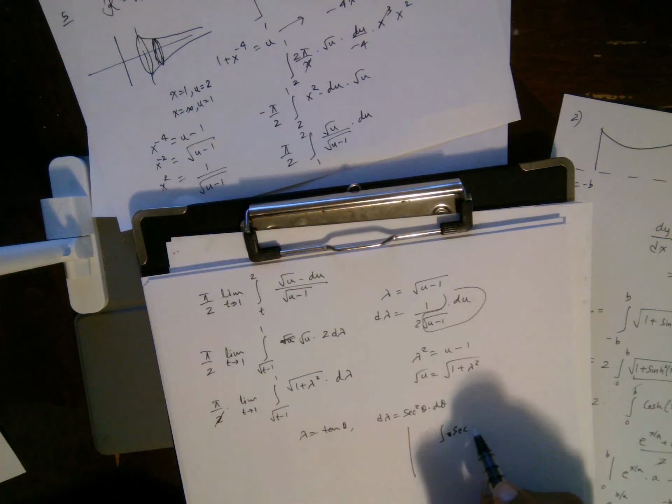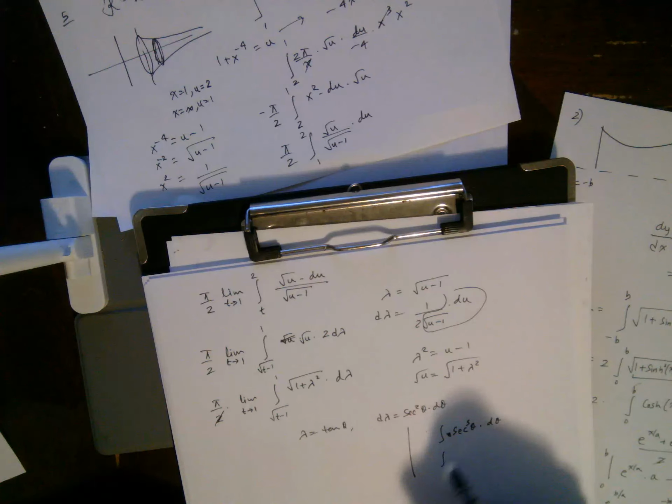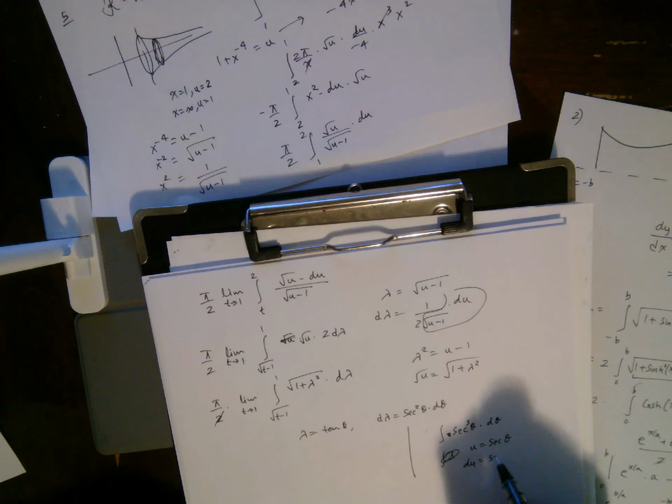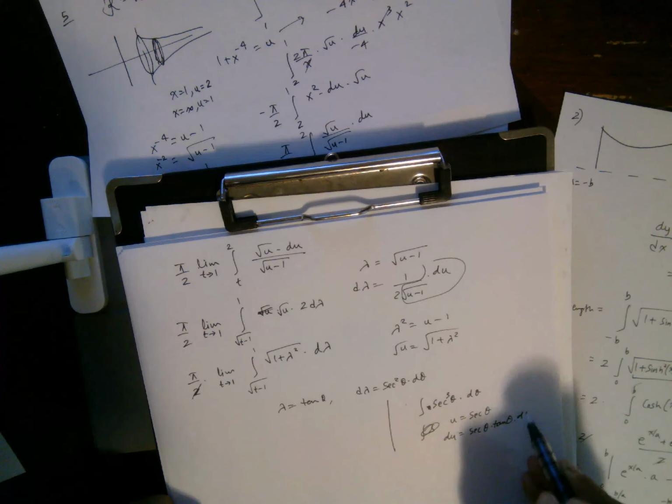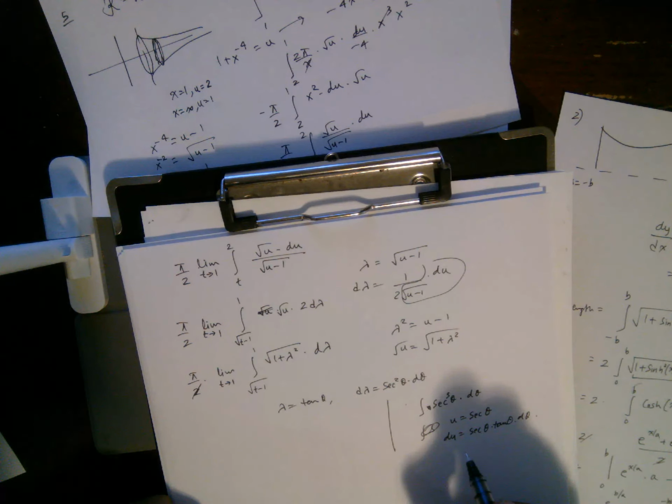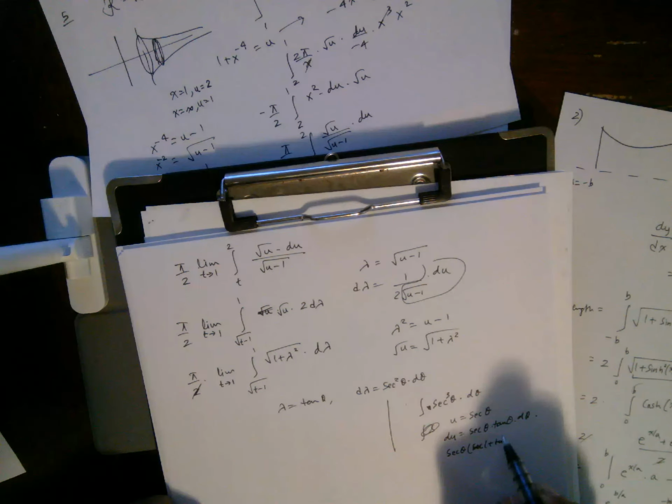So this is going to be secant theta, secant cubed d theta, u equals, I feel like I'm going around in circles here. d theta, secant theta, so 1 plus tan squared theta d theta, u equals tan theta.